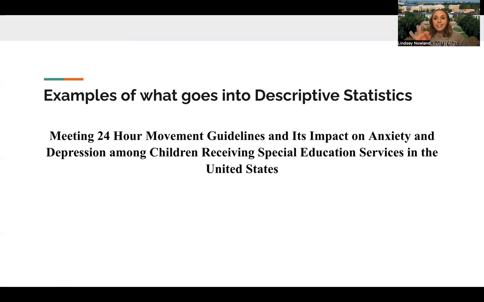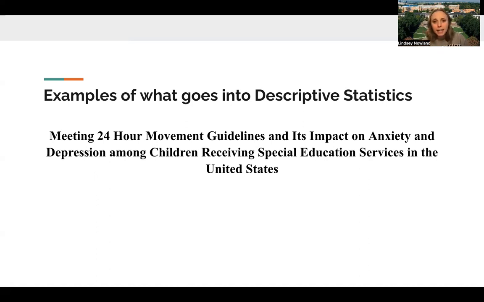So independent and dependent variables, in this case, this is not an experimental study. So this is an example of how independent and dependent variables can be applied to non-experimental studies. In this case, we were looking at how the physical activity guidelines impact anxiety levels and depression, but we're not manipulating these 24-hour movement guidelines. We're not changing them. They are subject variables.